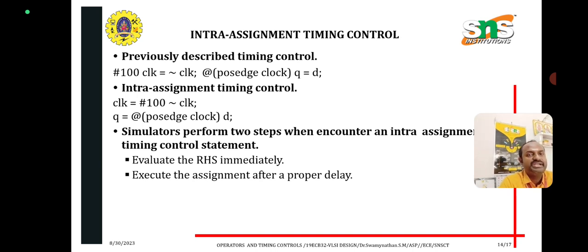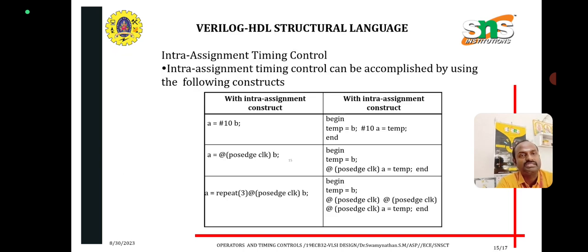So the simulator performs two steps when it encounters an intra-assignment timing control statement: it evaluates the right-hand side first, and then it executes the assignment after the proper delay. And next, Verilog HDL structural assignment: A is equal to hash 10 B, which begins as a temporary, it is assigned B, and hash 10 means it waits 10 seconds and A displays the temporary signal.